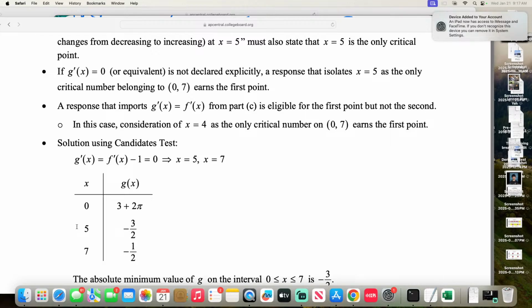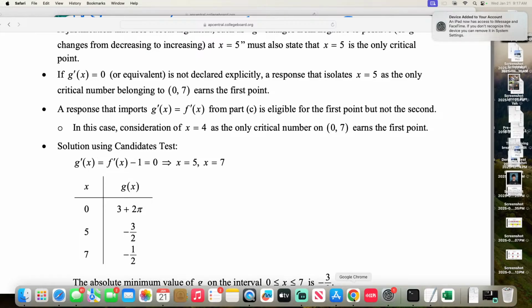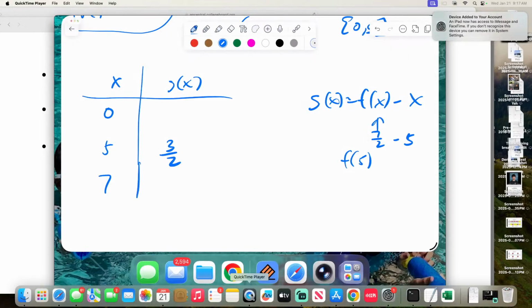We know this from earlier. So g of 5 is equal to f of 5 minus 5. So 7 over 2 minus 5. And that's how you get negative 3 over 2.